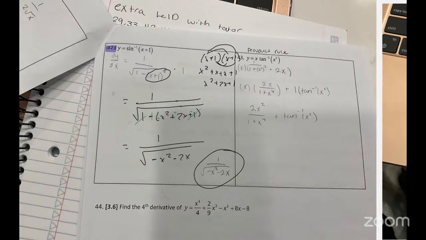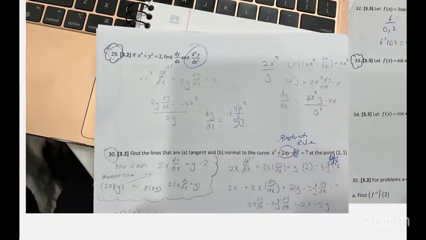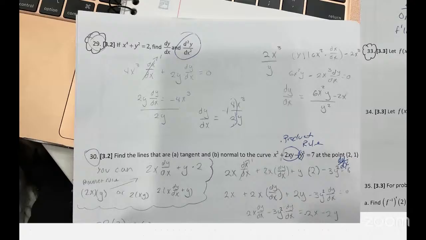Number 29. So we wanted to find the double derivative. So let's see how you did it. First take the derivative. You have to use the chain rule for this. Correct. And now what you want to do is solve for that. I think I did it correctly. I'm just not sure. Negative 4, that 8 looks like an 8 there.